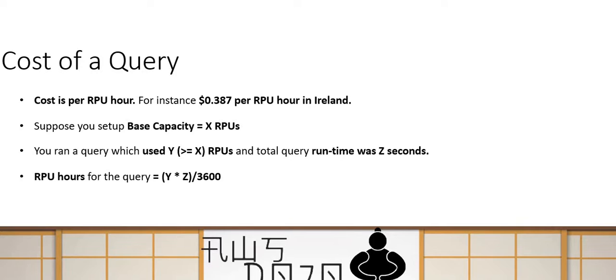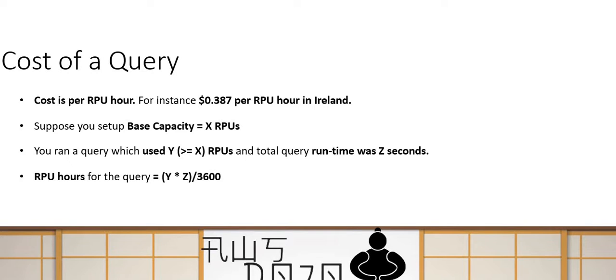I'm dividing by 3600 because I'm trying to convert seconds into hours, that is, dividing by 60 twice. So your RPU hour calculation is pretty simple. You simply see how many RPUs your query used and how long the query ran, multiply both, and then divide by 3600 if you are measuring your time of execution in seconds.